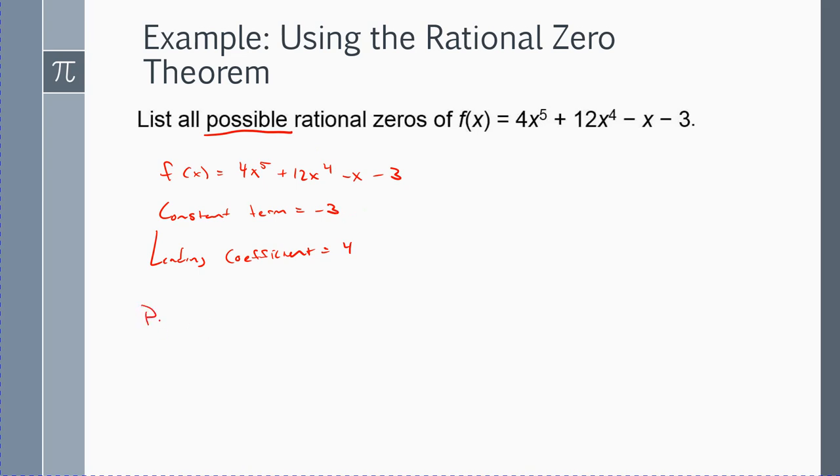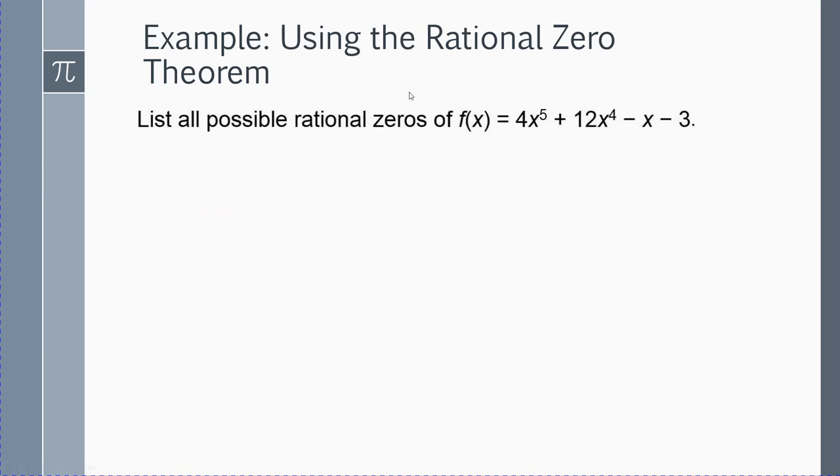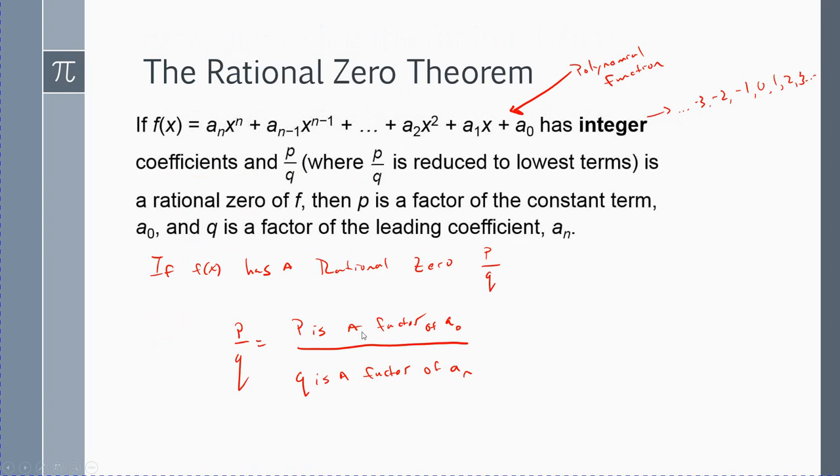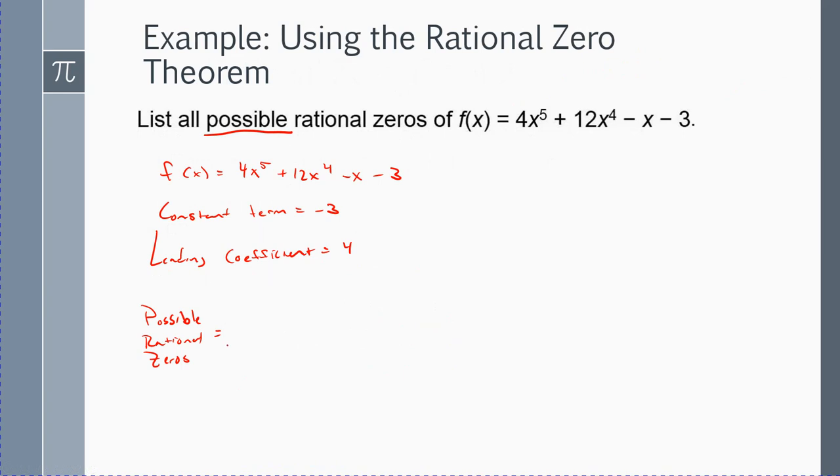So the possible rational zeros are going to be a factor of the constant term, a factor of -3, all over a factor of the leading coefficient, so all over a factor of 4.